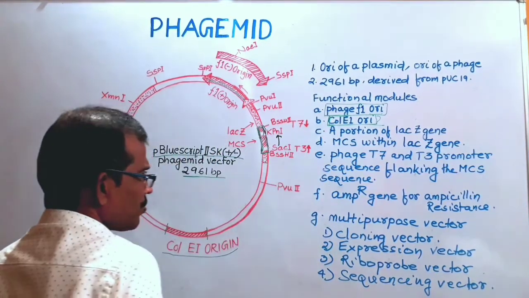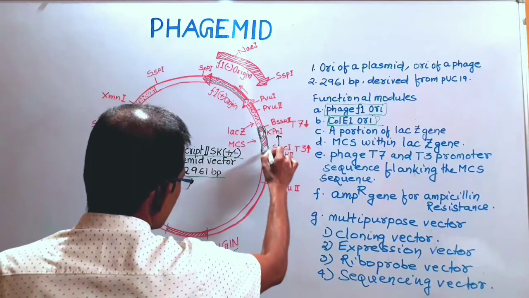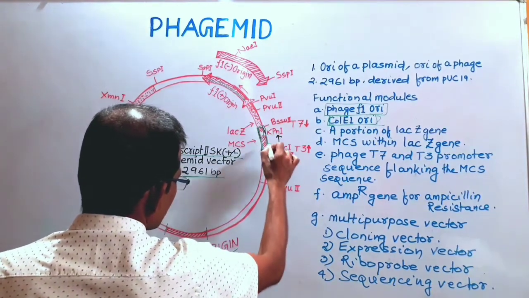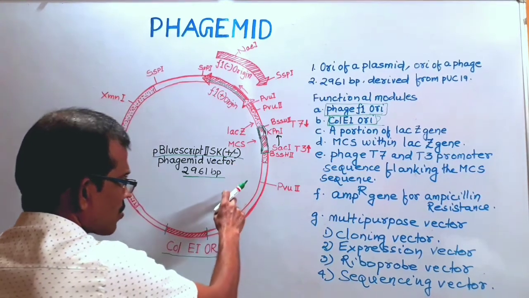Next is this MCS site. This multiple cloning sequence is flanked by two promoters.